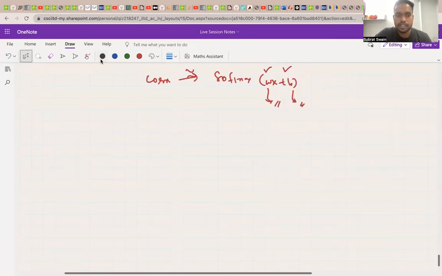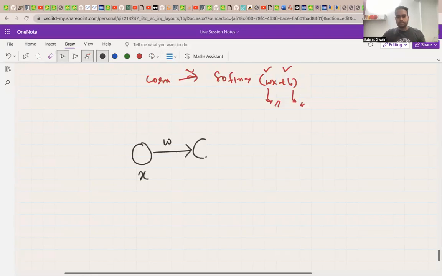Okay, so let's represent the same thing using a neural network. I'll try to draw a neuron here. This is x, this is w, this is wx. Then I'm adding a b here, so this is wx plus b.